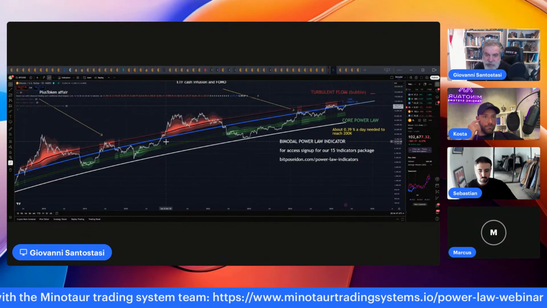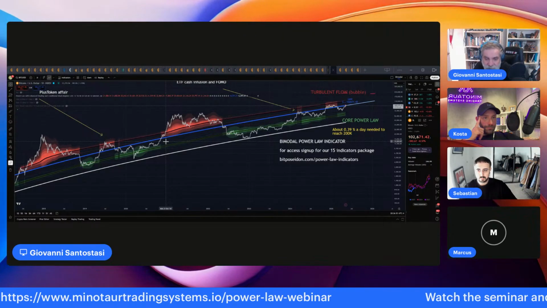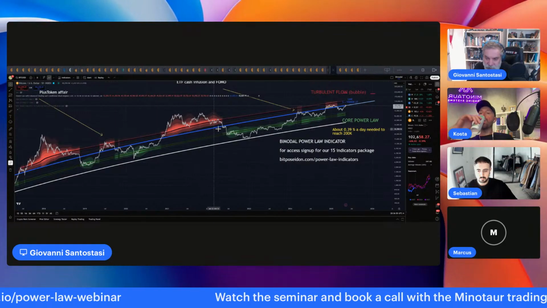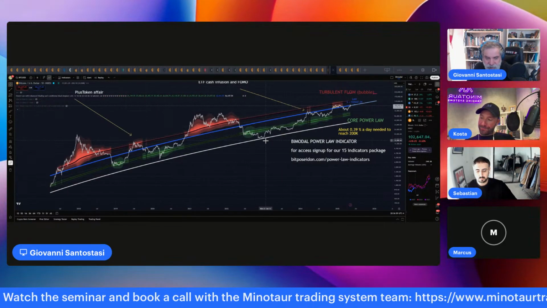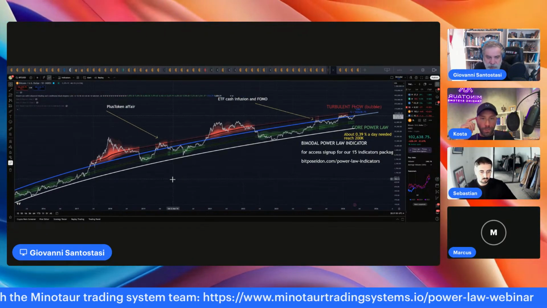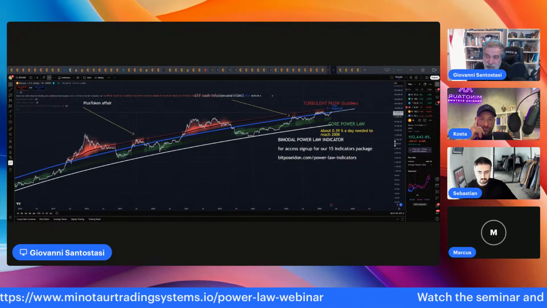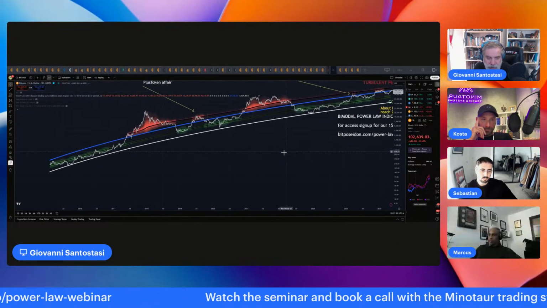There are different ways that you could calculate what is called the fair price of Bitcoin, but this is what we consider at the moment probably one of the best. It's a regression that we do by taking the log of the price and the log of the time. It doesn't look like a straight line in this graph because it's a log-linear chart.